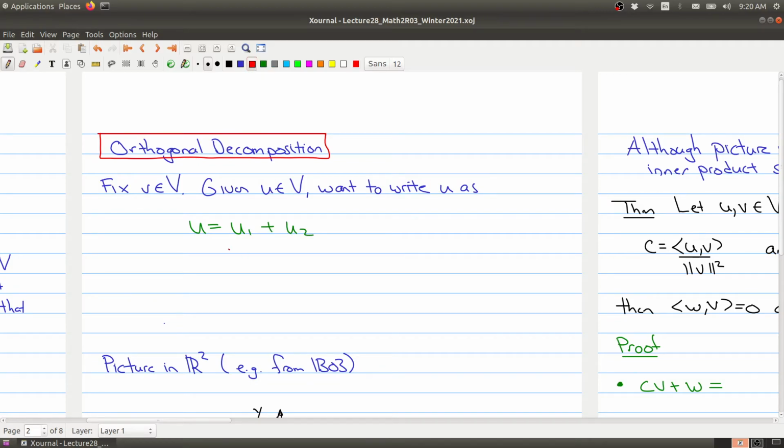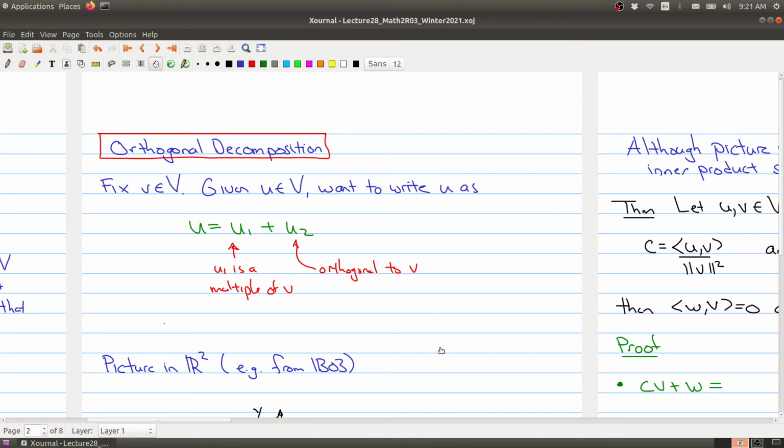And you want to have the property that u1 is a multiple of the fixed vector v, and then u2 is orthogonal to the vector v.